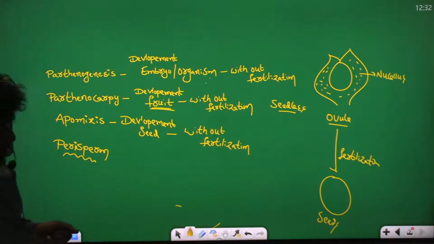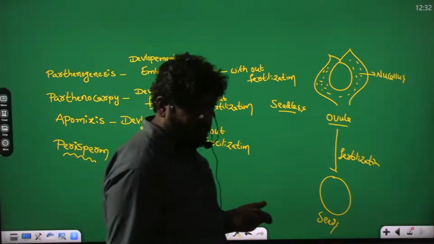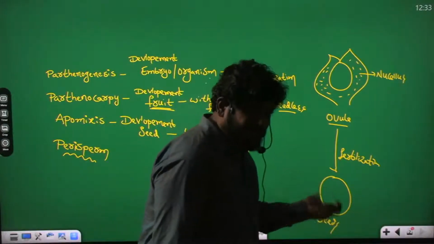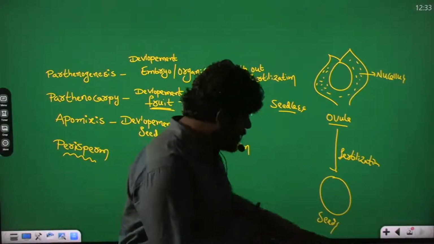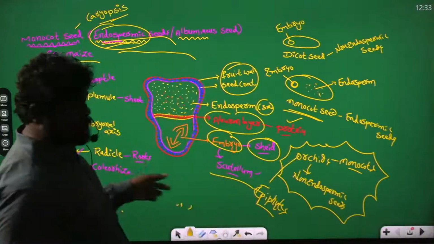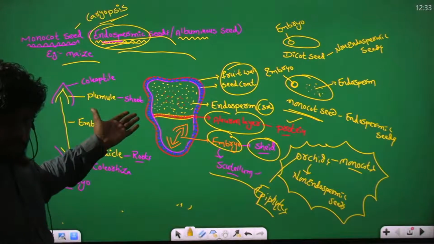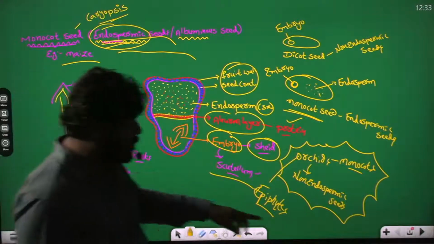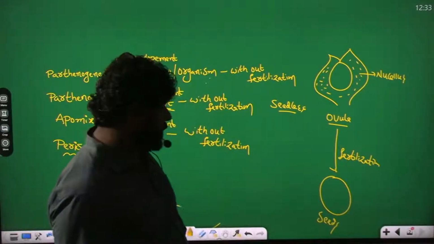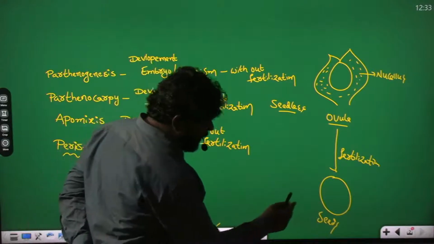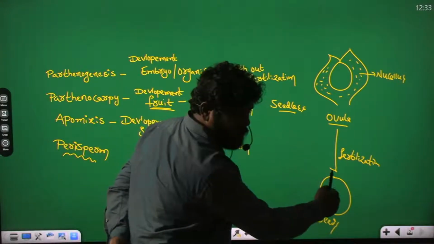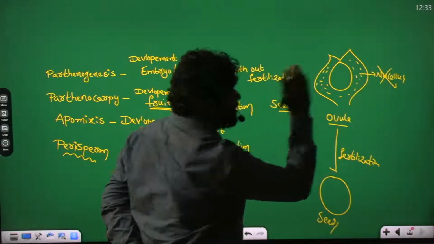See, listen, generally, when you observe the seed, dicot seed we completed. Here monocot seeds we completed. Did we give any labeling of perisperm? No. What is perisperm, sir? Listen. Generally, when seeds are formed, this nucellus is absent.